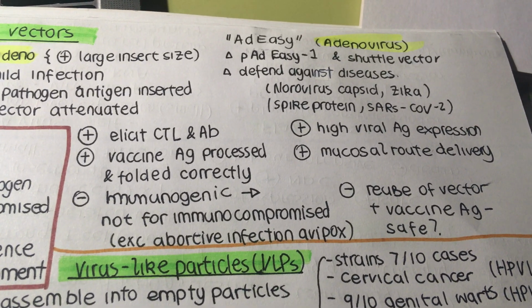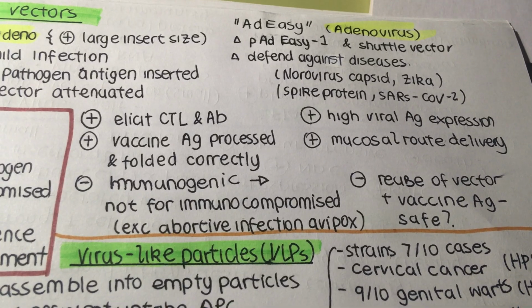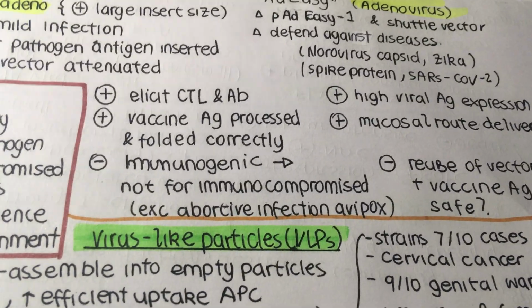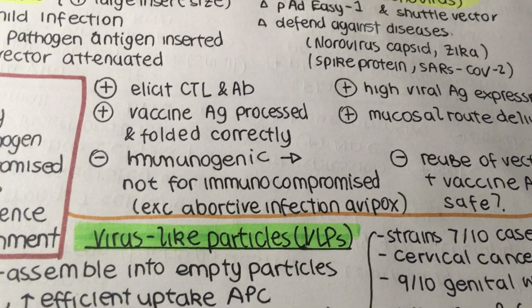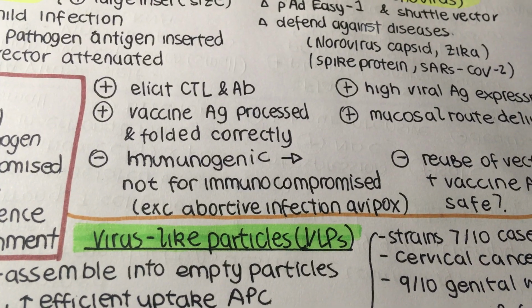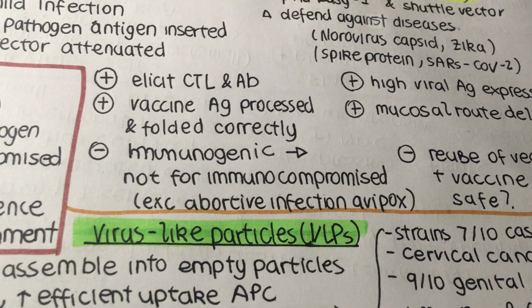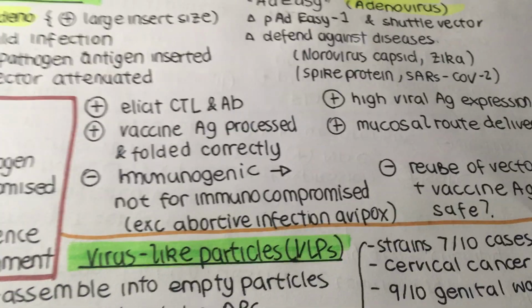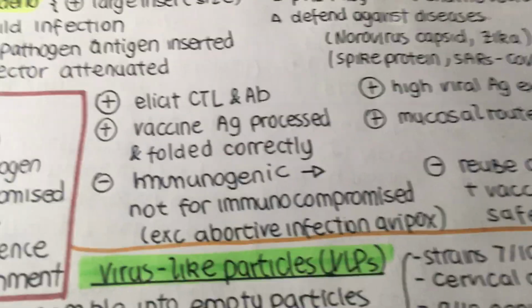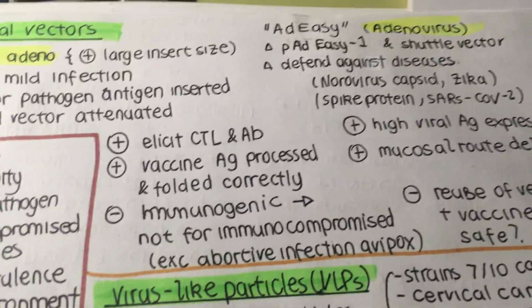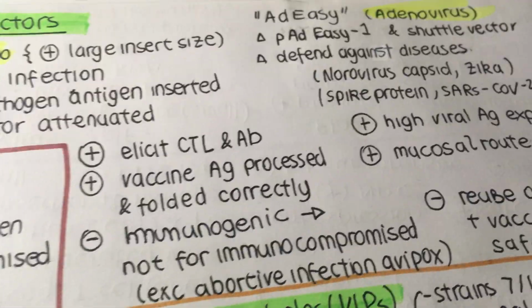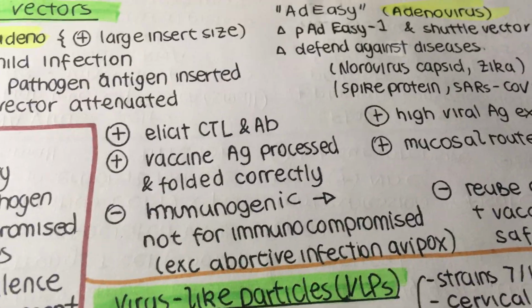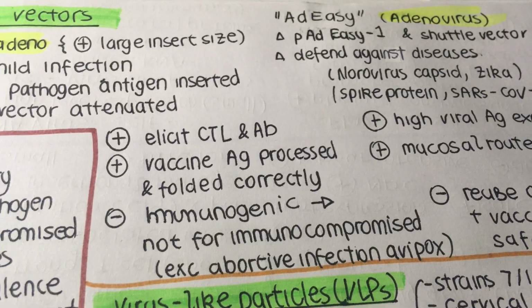You can get the viral antigen to be processed and folded correctly. But the disadvantage is that because it's immunogenic and because you're combining different viruses, it is not desirable for the immunocompromised, because this might be dangerous, obviously. But for abortive infections like AVPOX, it is still used.